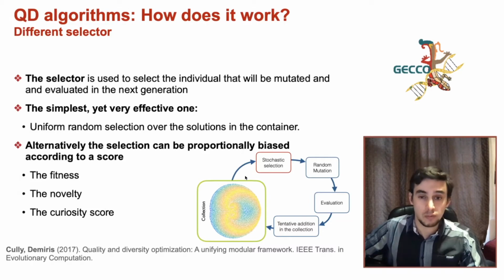If we focus on the stochastic selection, the simplest way to do it, which is actually quite effective, is to uniformly and randomly select a solution among the solutions contained in the container.